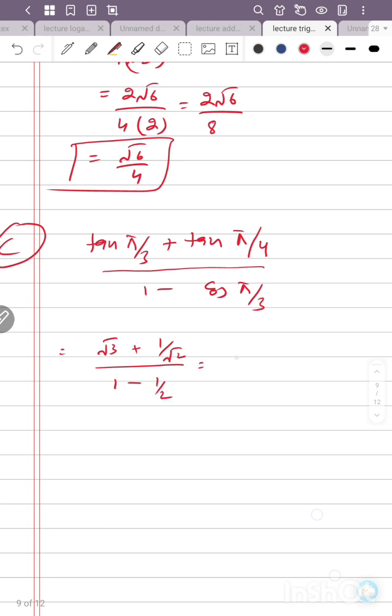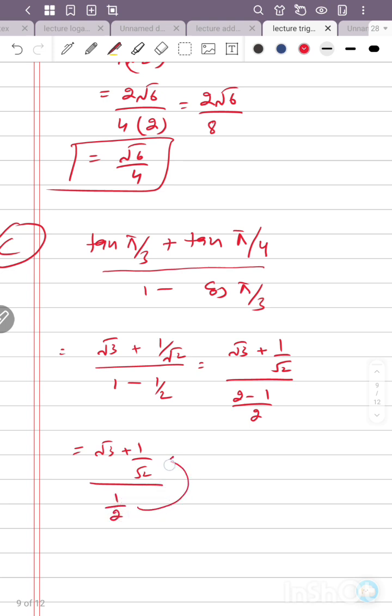So we have to solve this question. Square root 3 plus 1 over 1 by 2. After that, square root 3 plus 1, the answer is 1 by 2. So it will go here: square root 3 plus 1 multiplied by 2 by 1, because it's the reciprocal.